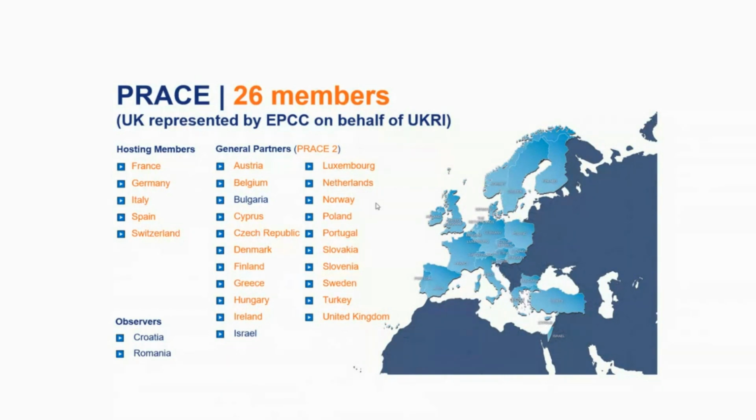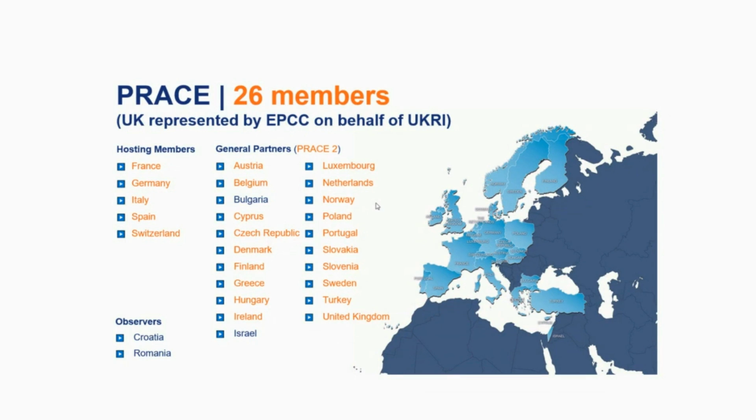And ARCHER2 is a service in this. So it's quite a nice project in that you can bid for large amounts of compute time on systems around Europe and get it just in the same way you can bid for time on ARCHER2 for your research. But it includes a wider range of systems, a bit like the tier 2 systems in the UK.